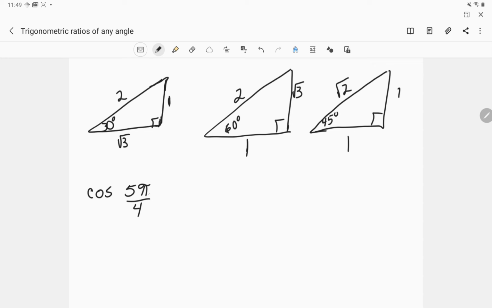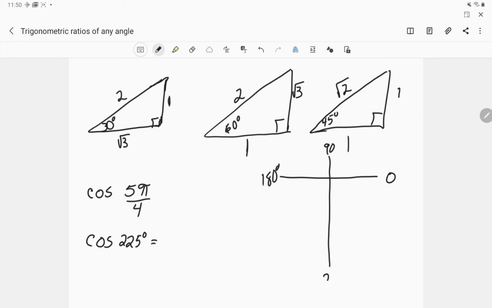Remember, pi is 180 degrees. So if I want to figure out what this is in degrees, I can just do 5 times 180, and I can divide it by 4, and it tells me 225. So cos of 225 degrees. And they want to know an exact answer for that. So again, this is 0, this is 90, this is 180.